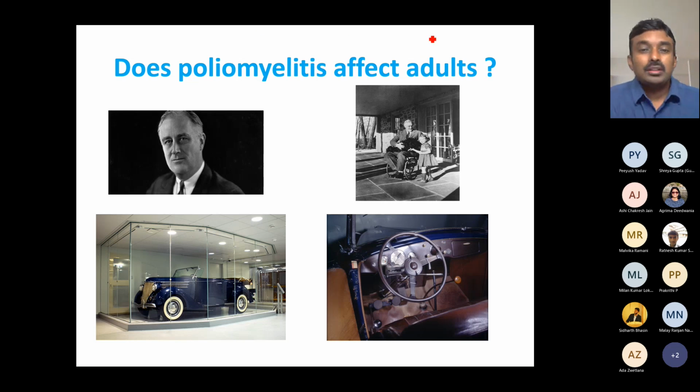Okay, I was telling you about Franklin D. Roosevelt, who had polio as an adult, and then he went on to become the president of the United States of America. What I did not tell you in the last class is that he was instrumental in creating a foundation called, I think, the National Foundation for Infantile Polio.